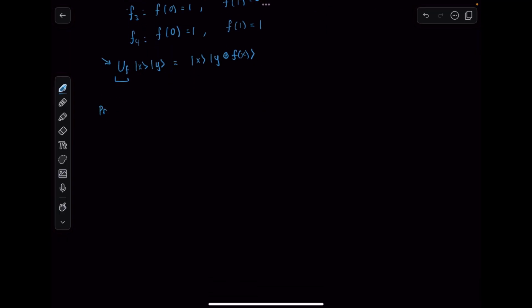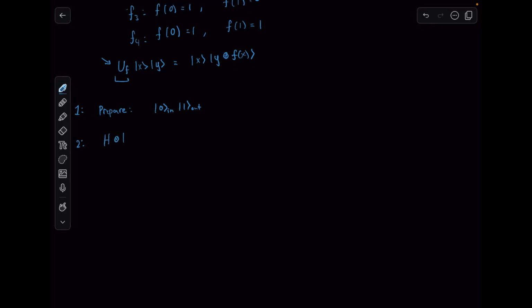Let's prepare the following state. We're going to prepare 0 in the input register, so I'll call this in, and then 1 in the output register. So this is step 1 in Deutsch's algorithm. Now, step 2, let's put a Hadamard on both of these states.